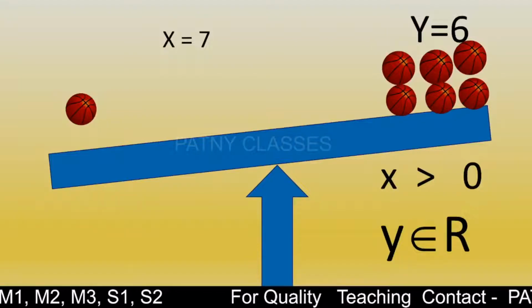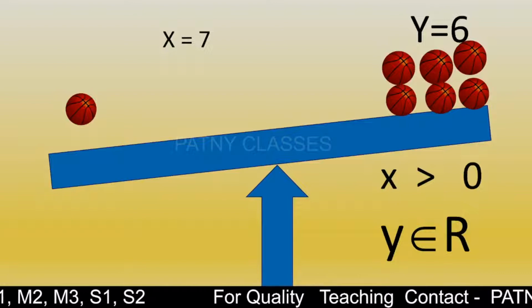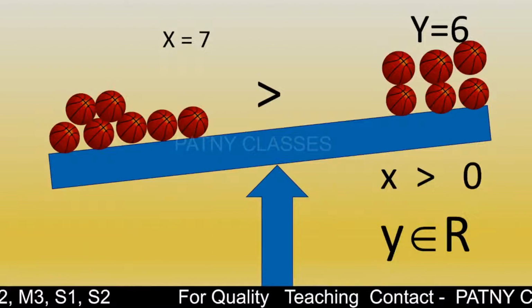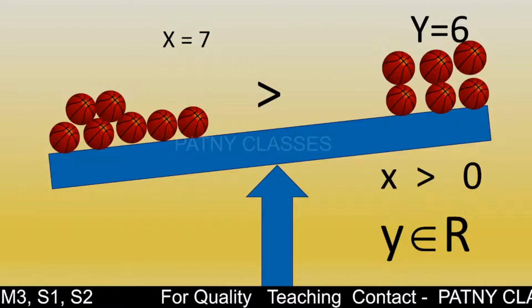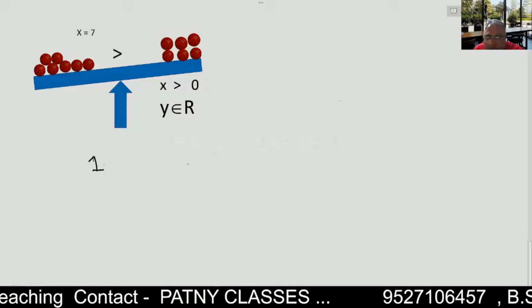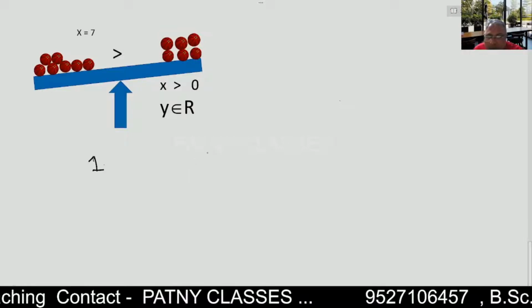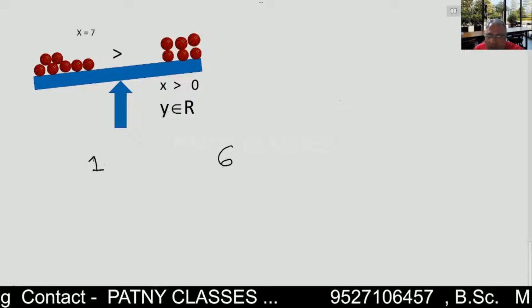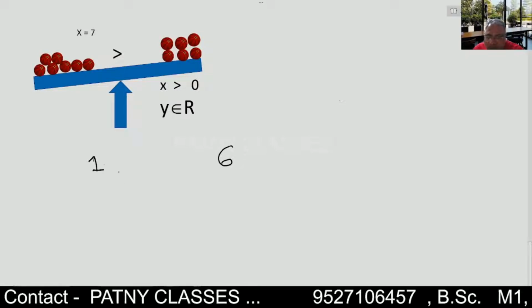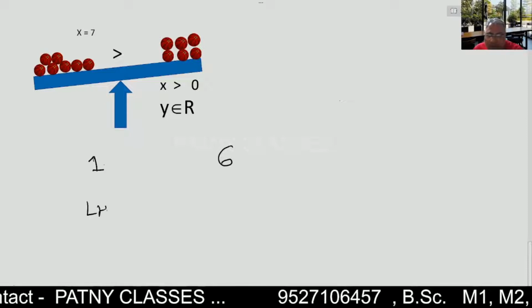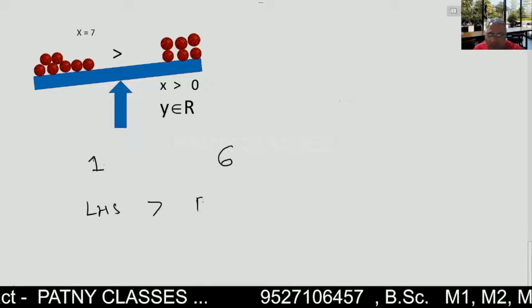In the previous example, we had seen when 7 balls were added to LHS, LHS became greater than RHS. In the beginning we had 1 ball on the left side and 6 balls on the right side, but when the 7th ball was added, the LHS became larger than RHS.